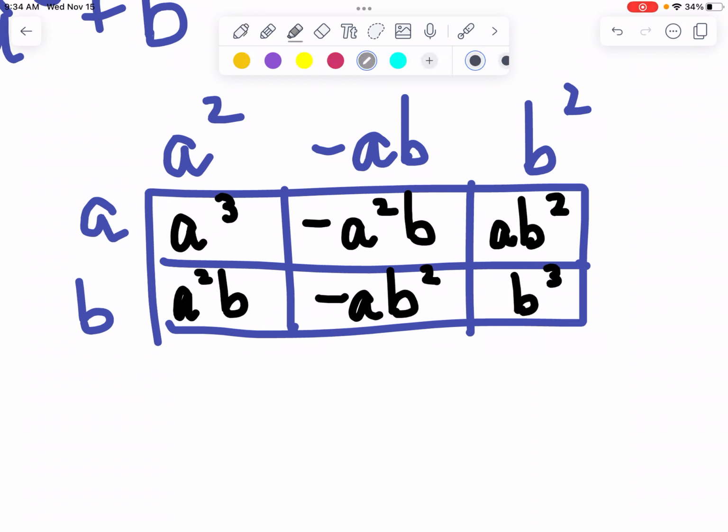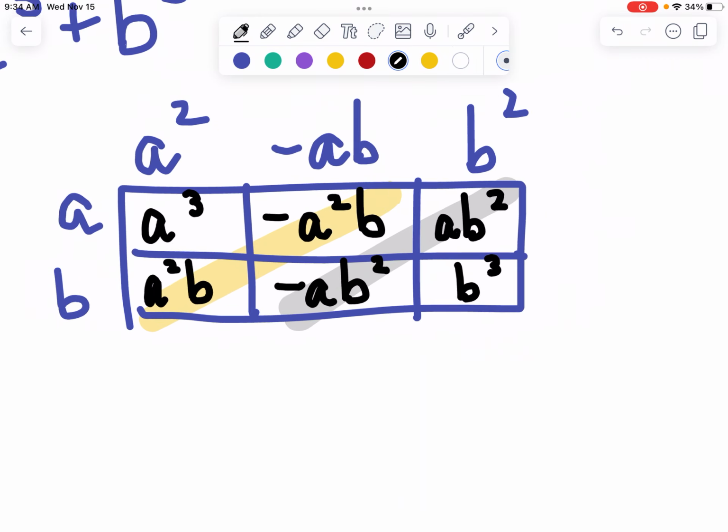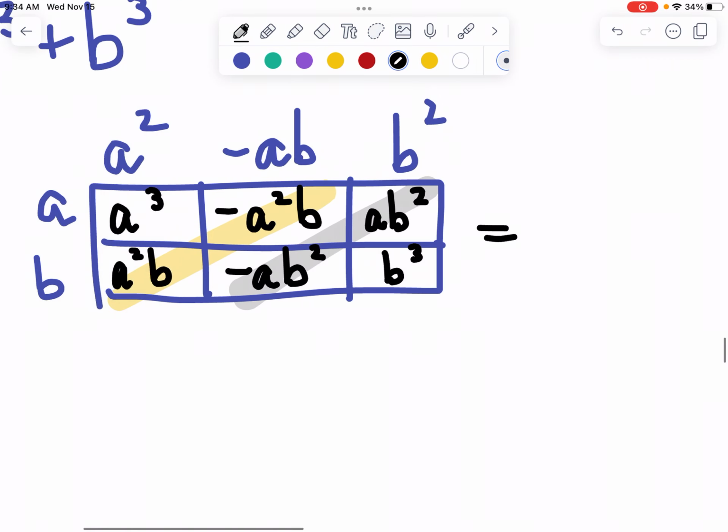Okay, if we combine some like terms, we notice that we're going to have an a squared b and a negative a squared b, so that goes to 0. We also have a negative ab squared and a positive ab squared, so when we combine our like terms, we just have an a cubed and a positive b cubed.